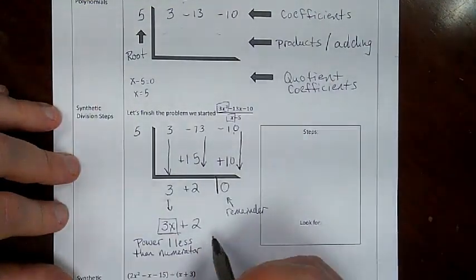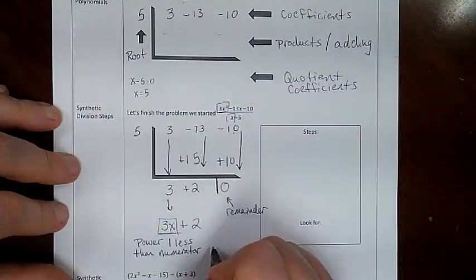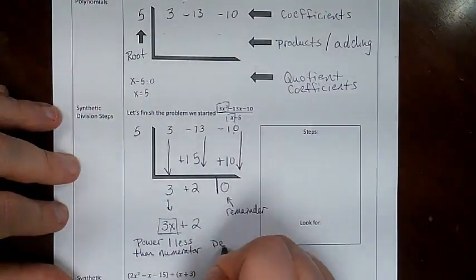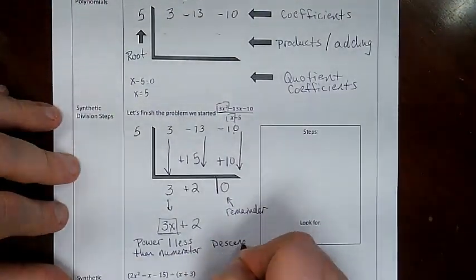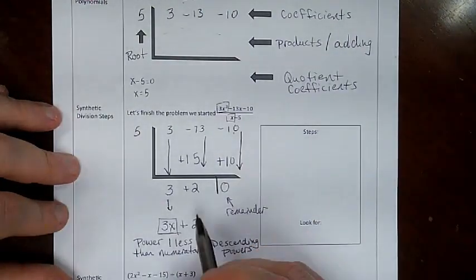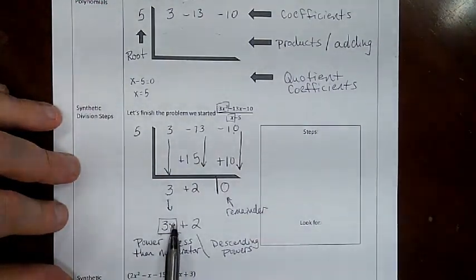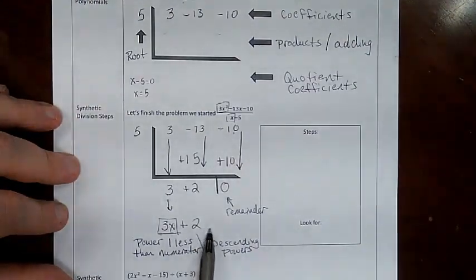For any remaining terms like this plus 2, we are going to have descending powers. So this is 3x. We don't write it, but it's 3x to the first. So the next descending power would be no x at all.